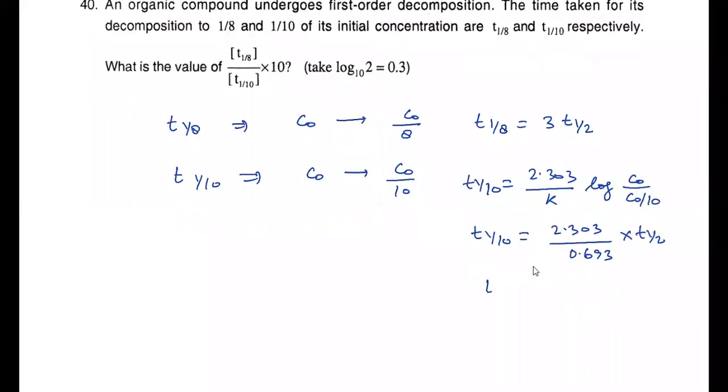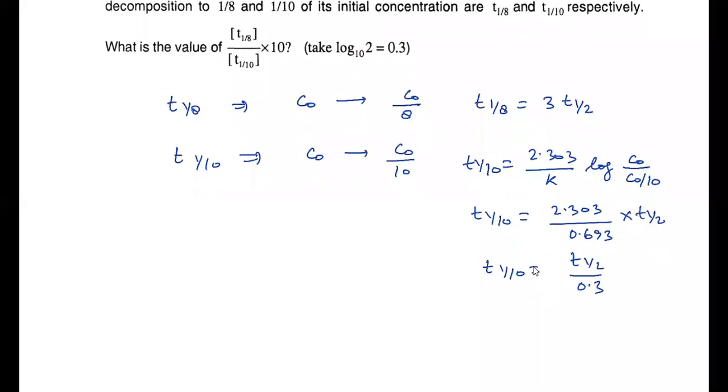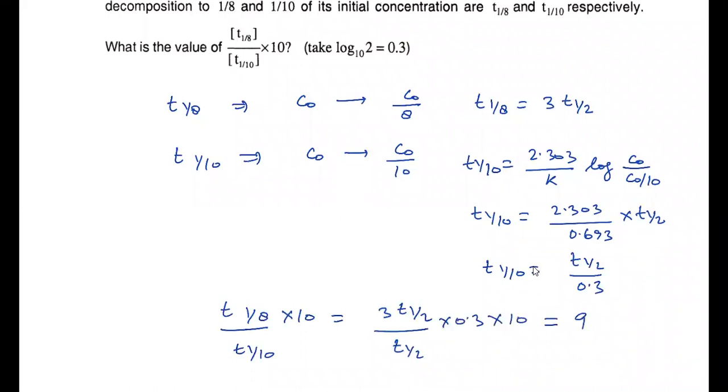So T1 by 10 is nothing but T half by 0.3. The question asks that you have to report T1 by 8 by T1 by 10 into 10. So this is 3 T half by T half into 0.3 into 10, which is simply 9. So the answer for this question is 9.